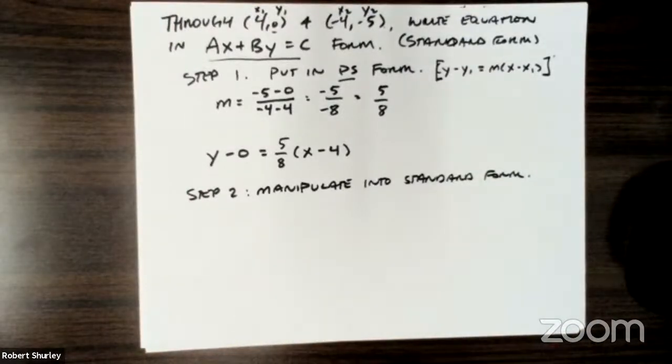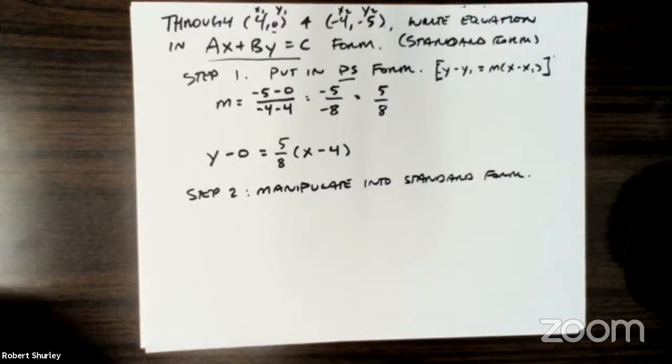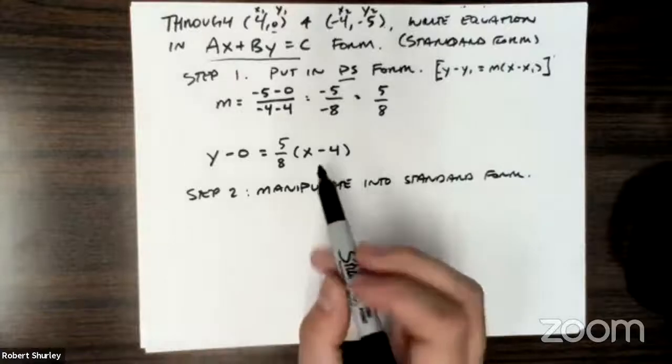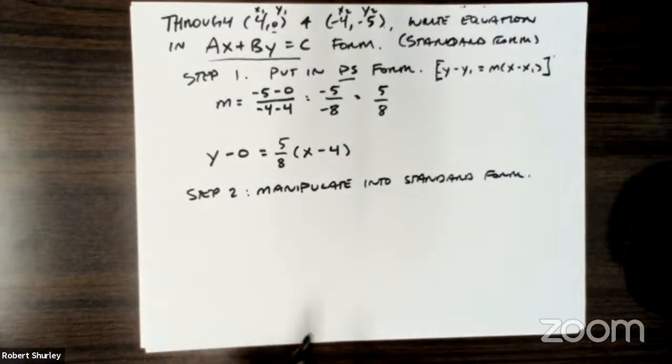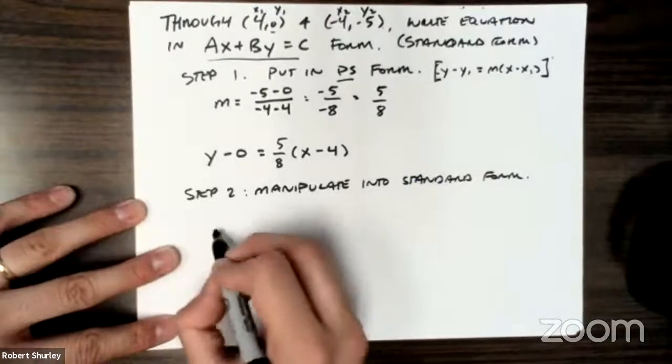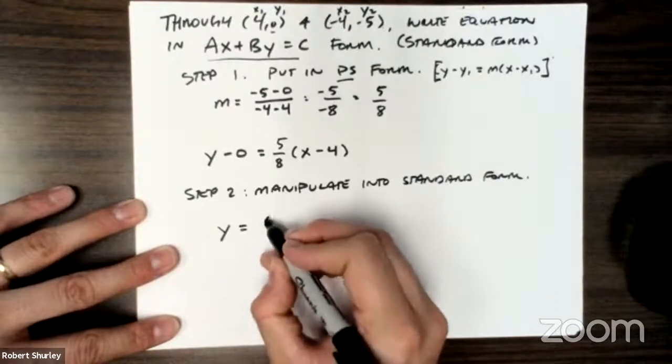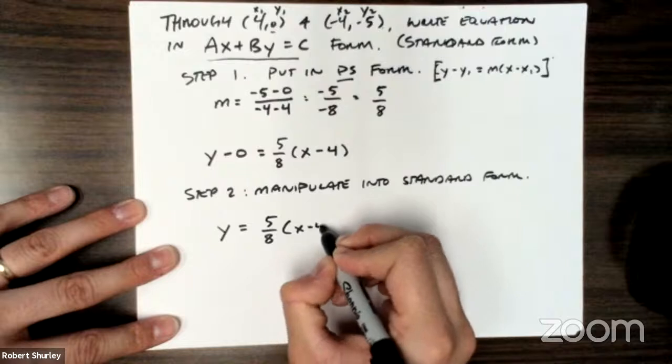There's a few ways to do this, so I really want you to pay attention, because I know all of us love fractions. But what's nice is if you have an equal sign, there's a quick way to get rid of fractions. So first off, y minus 0 is just y. So y equals 5 over 8 times (x minus 4).